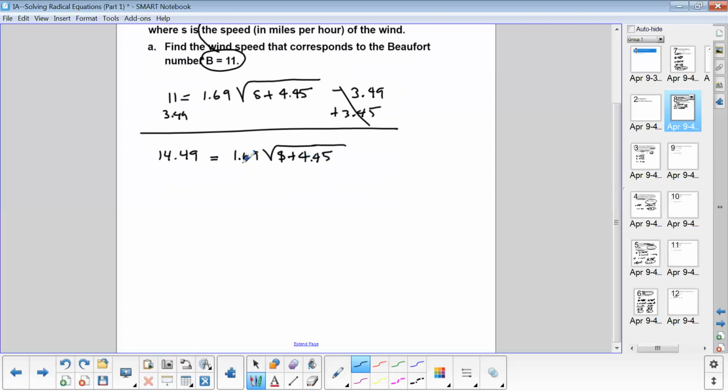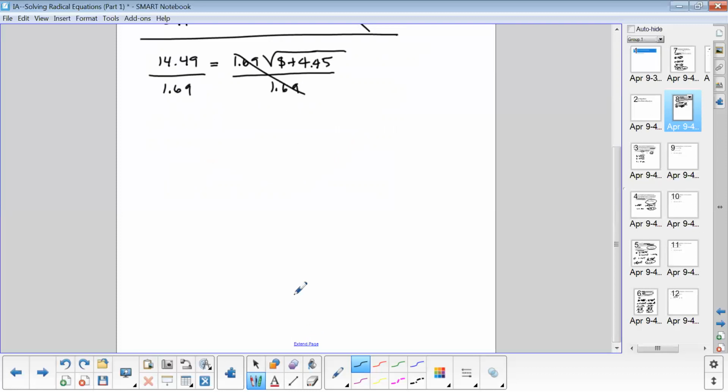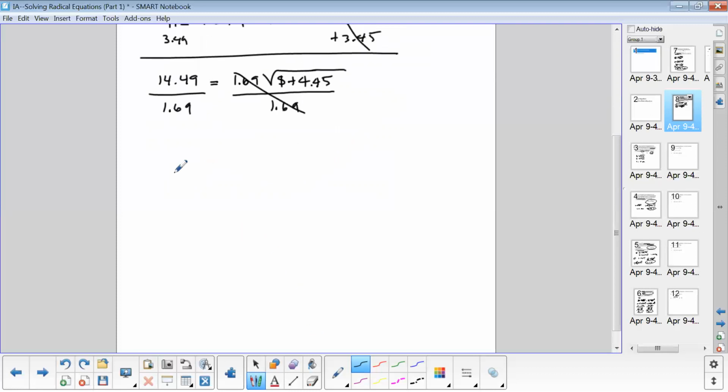So again, this 1 69/100 is being multiplied, so I'm going to do the inverse and divide it. And that will divide out. And so now if you divide 14 49/100 by 1 69/100, you're going to get approximately 8 57/100 with, I believe, some rounding.